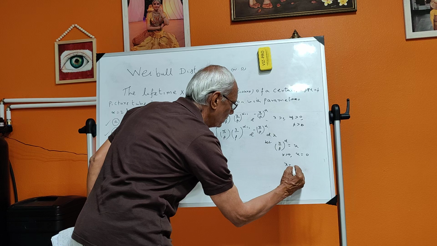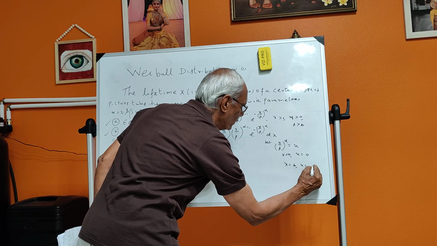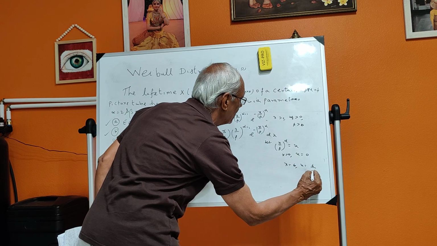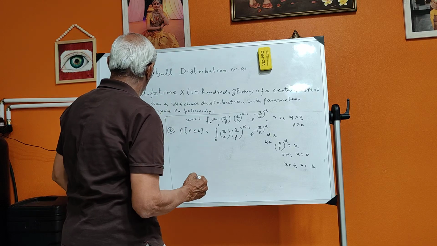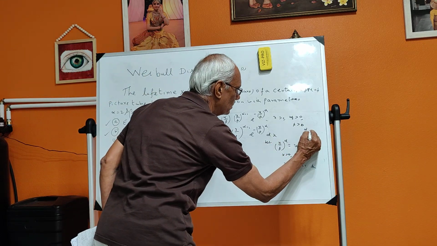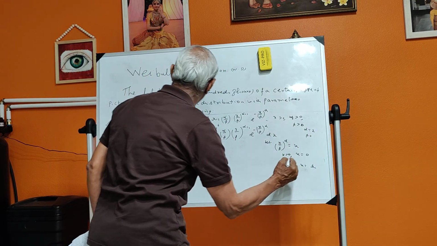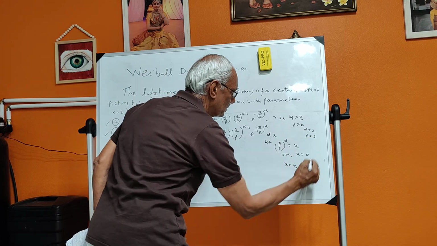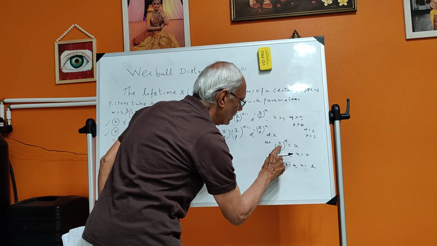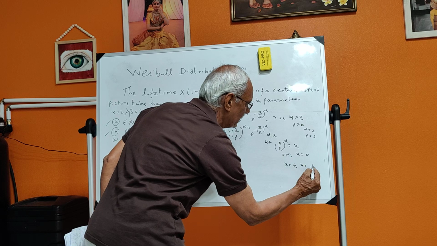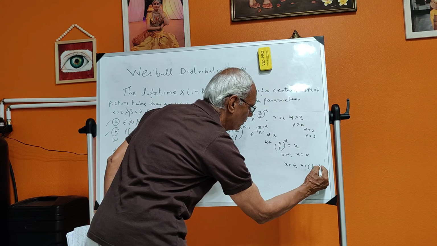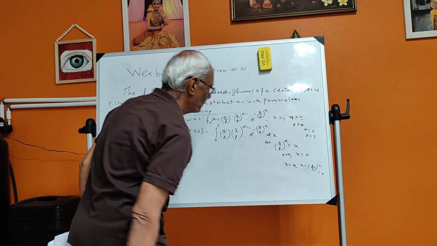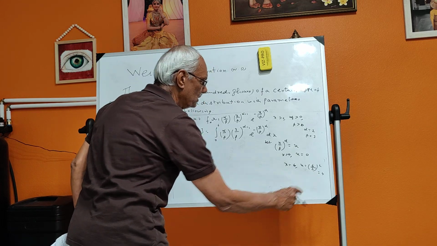If x is equal to 6, u is equal to 6 by beta to the power of alpha, your alpha is 2, beta is 3. So you substitute here, 6 by 3 to the power of 2, that is equal to 4. So here u is equal to 4.